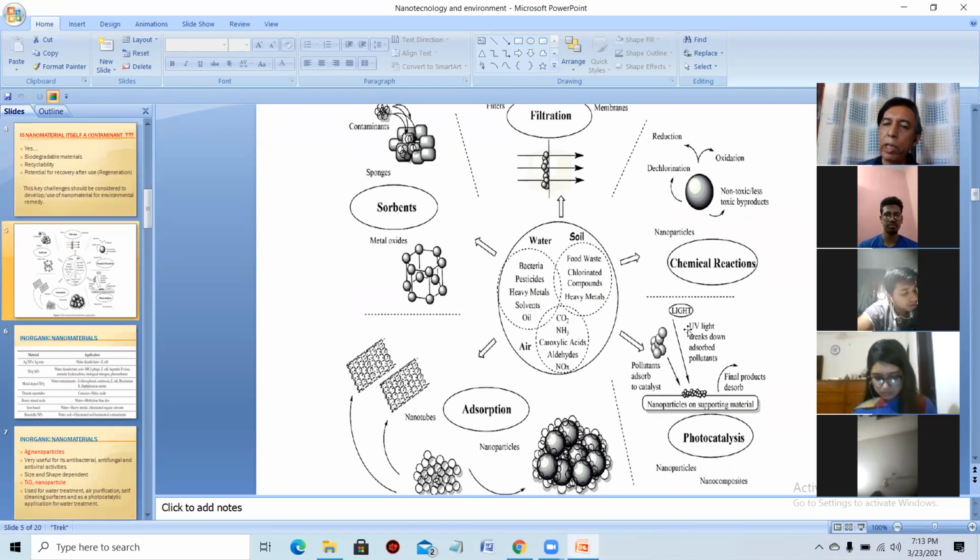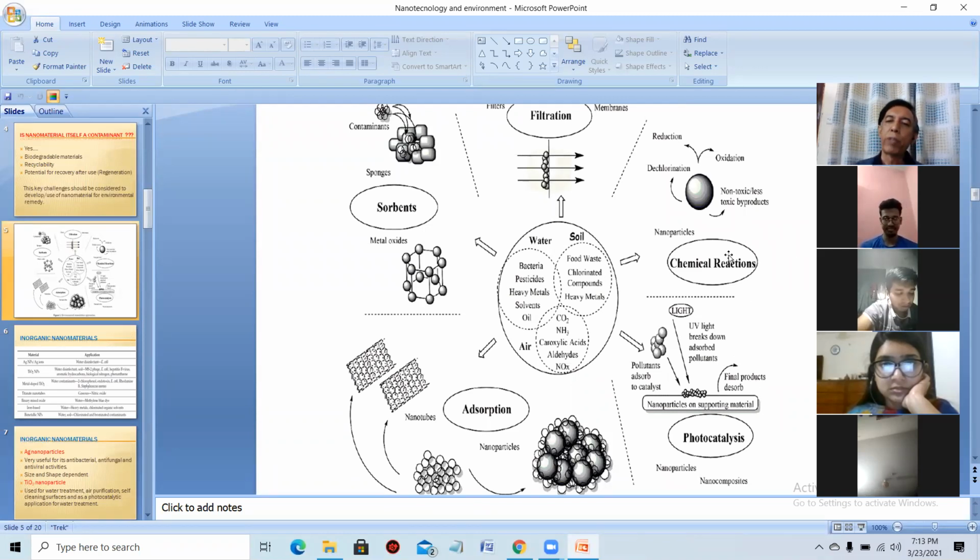Here, UV light breaks down the adsorbed pollutant. So the nanoparticle adsorbs the pollutants or contaminants. This UV light breaks down or dissociates the adsorbed material, and the final products again dissolve.